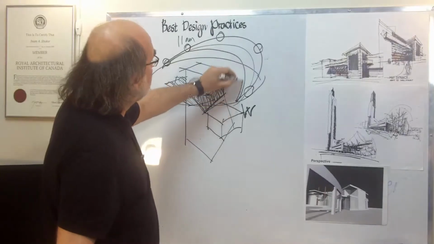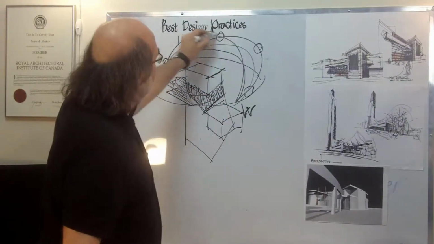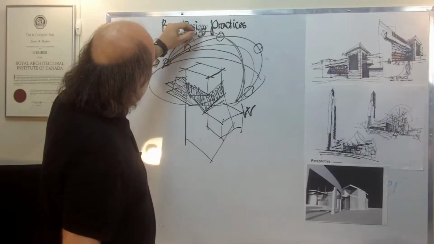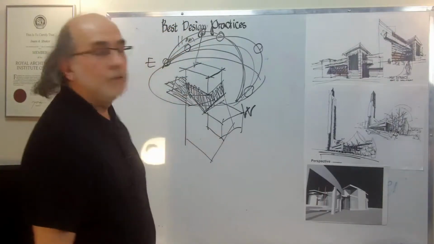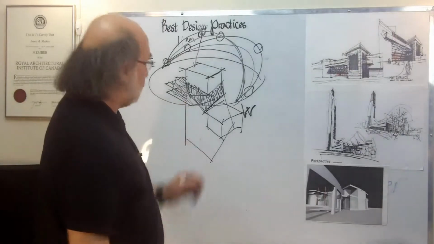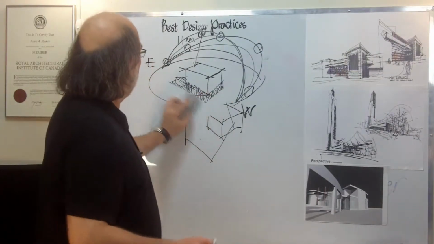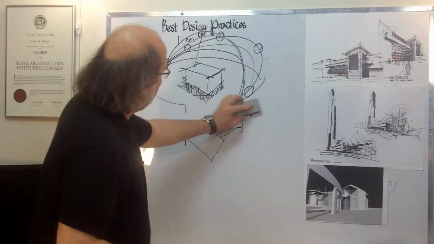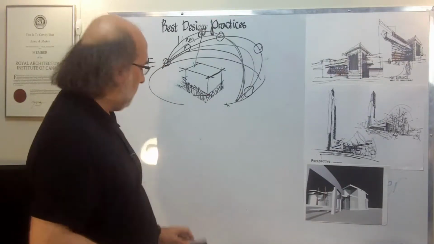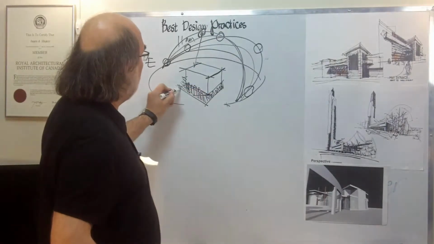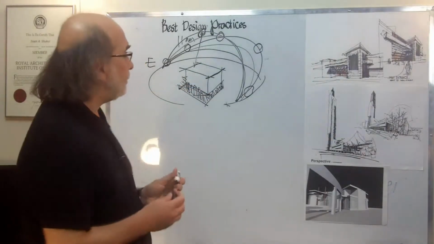But as summer comes, the sun would be more vertical to the building itself, which means that the shadows it casts on the site would be much less than in the winter time.